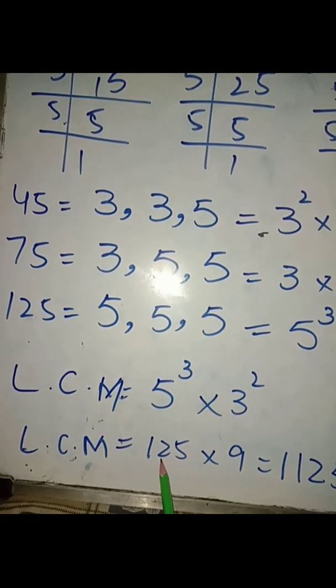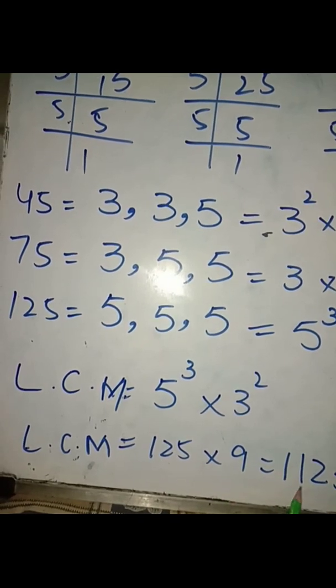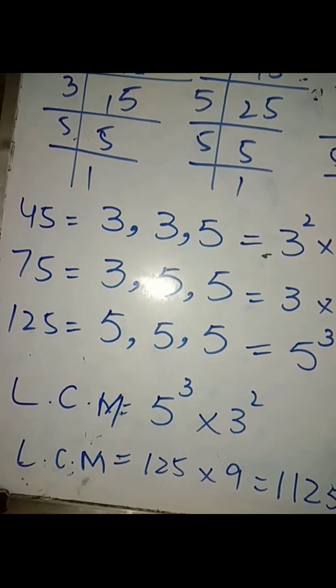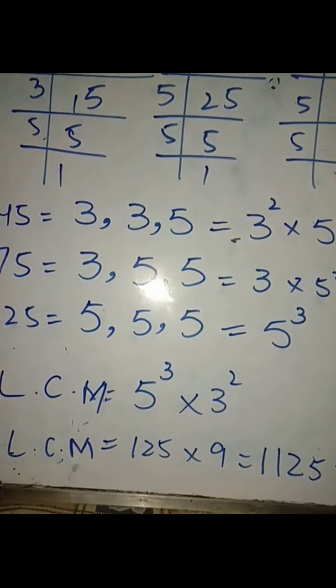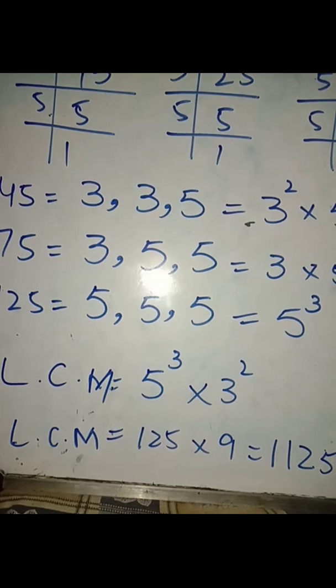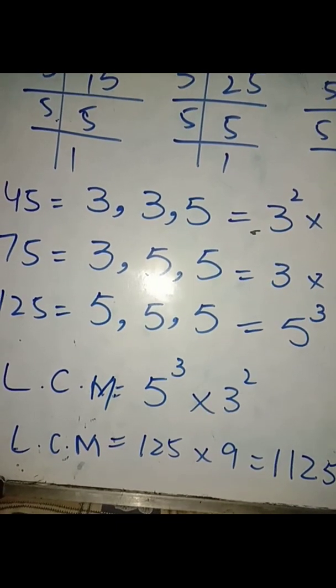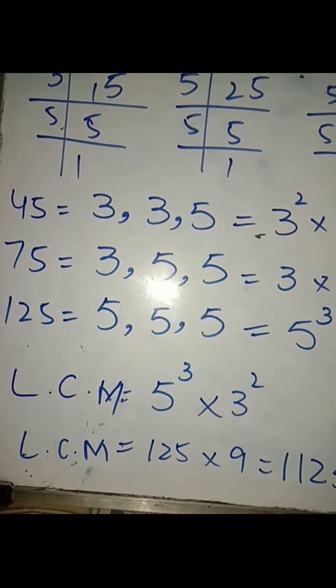So when we multiply 125 and 9, we got 1125. This is the method of finding the LCM of numbers by the prime factorization method.